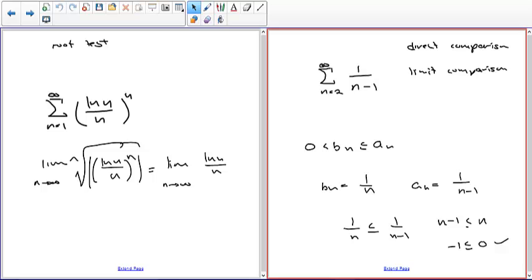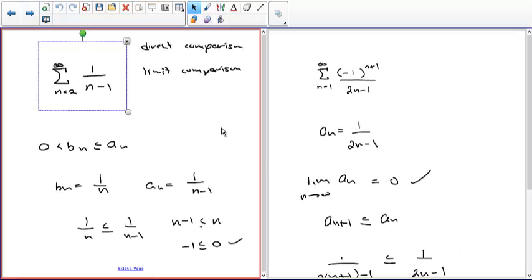So that was true, and then you had to take the limit. I think that was on the next page. Maybe we did that. No, actually, I think you got to finish this off. So what we've got left to do on this one is to take the limit of a sub n over b sub n. Look at your sheet for the tests, because you're not going to remember.